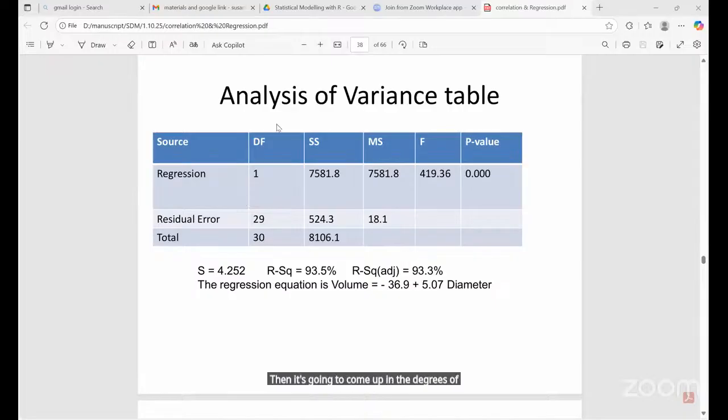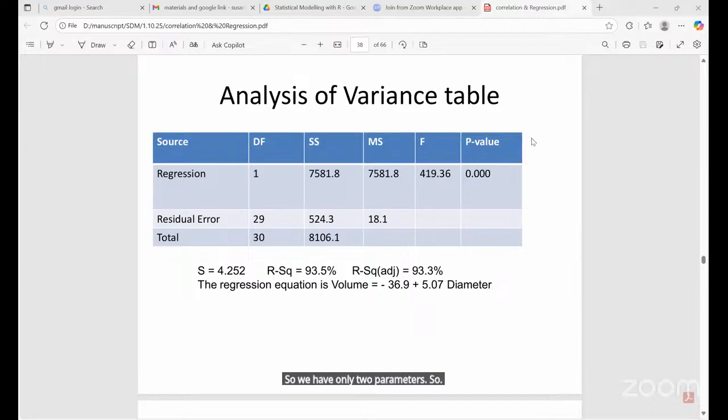The regression degrees of freedom is equal to the number of parameters minus 1. In this model, we have the intercept and the slope, so only 2 parameters.